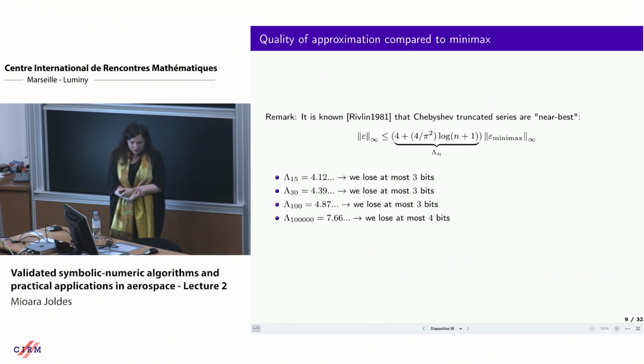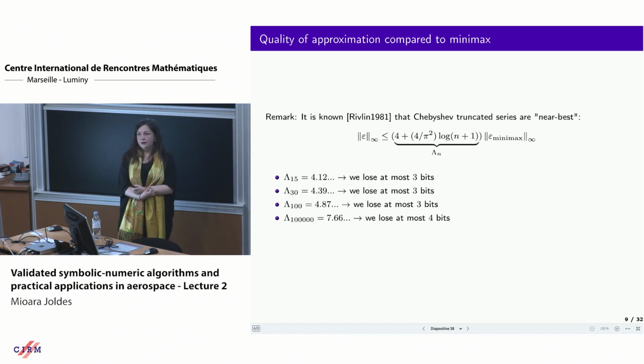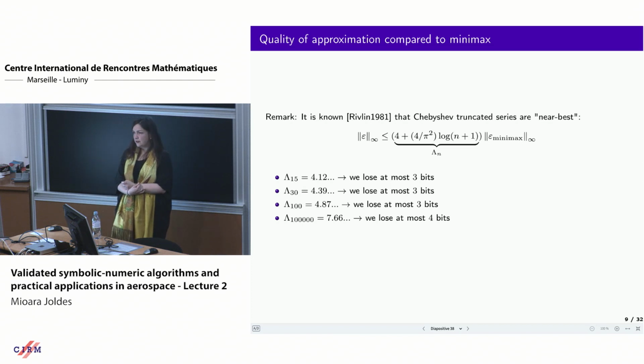And as I was saying, these truncated Chebyshev series are also very good uniform norm approximations, in the sense that they are very similar to the best polynomial approximation in the uniform norm, which is also called the minimax polynomial.